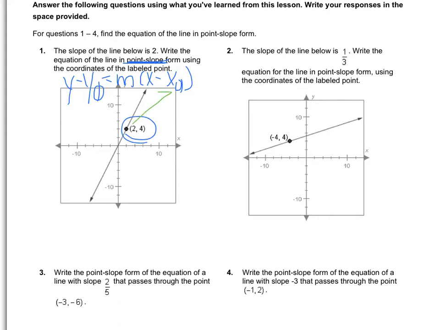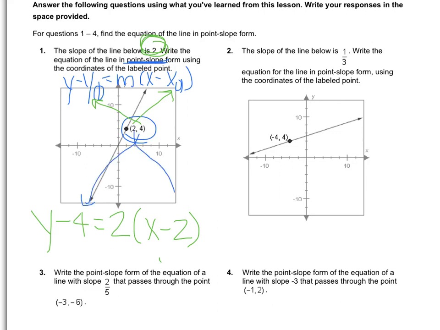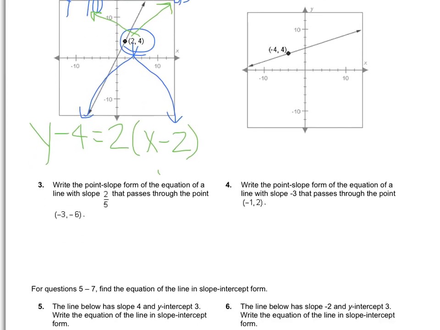So 2 is my x value, 4 is my y value, and m, my slope, is 2. So it's going to be y minus 4 equals 2 times x minus 2. So I've taken my point, my 4 and my 2, I've put them in the equation, I've changed their sign, and then I've taken my slope and put it in there as well.